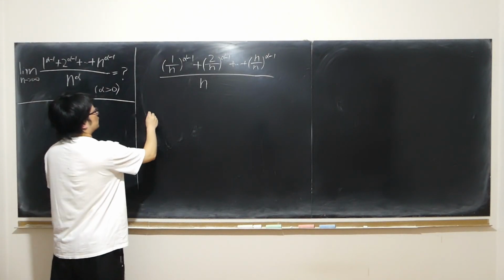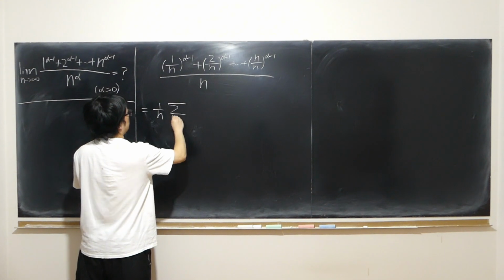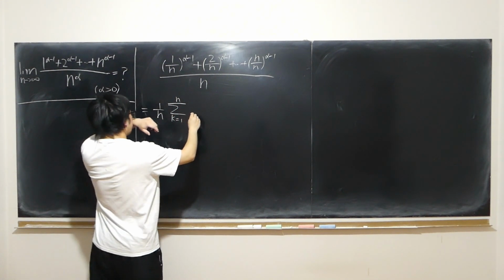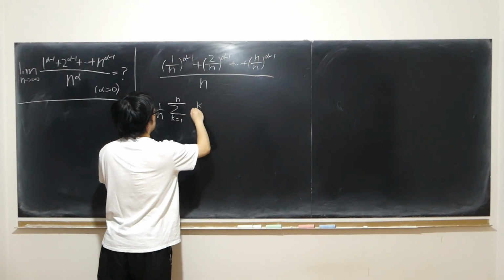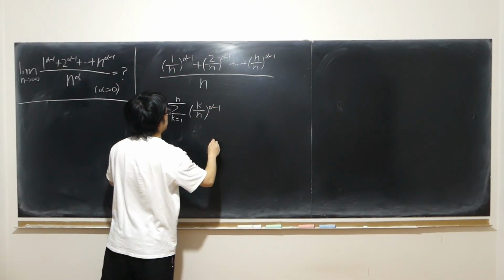Right? So it is 1 over n, sum k from 1 all the way up to n of k over n to the power of alpha minus 1.